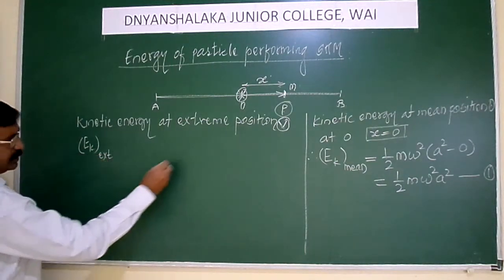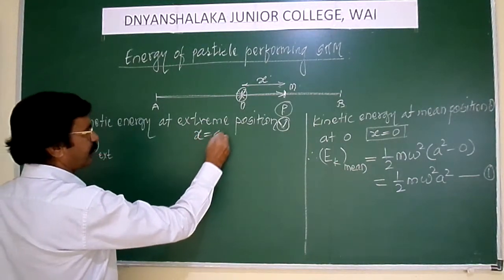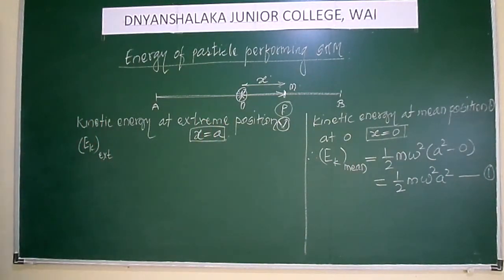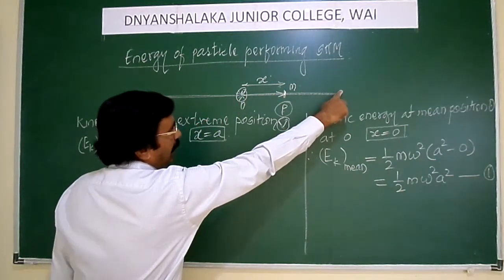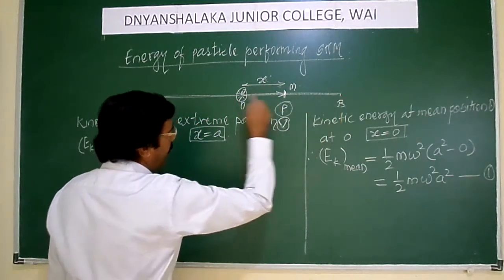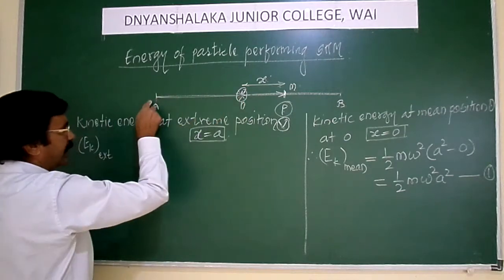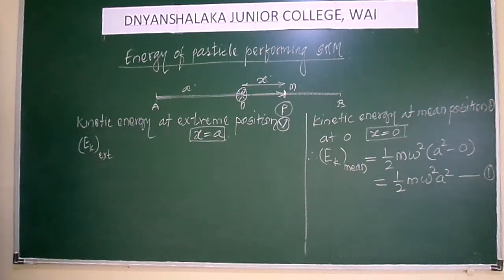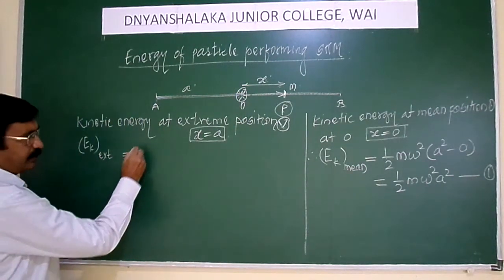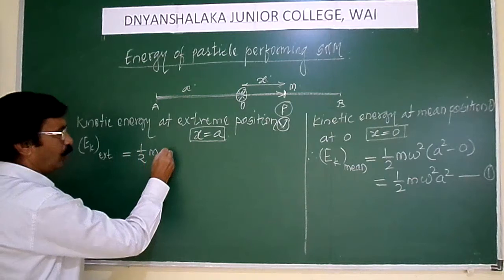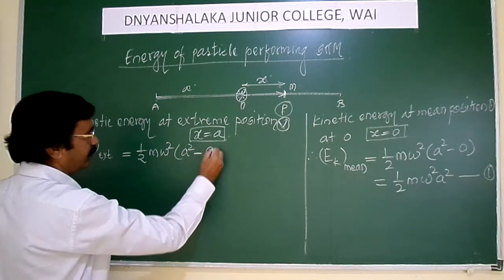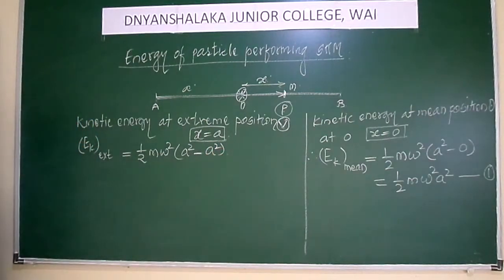At extreme position, the value of x is equal to A. At B, x will be equal to A, or at A, the amplitude is A. So this becomes 1/2 m omega square into A square minus A square, which is 0.